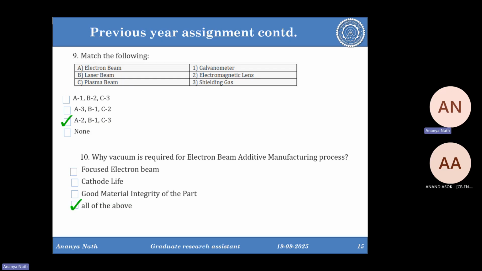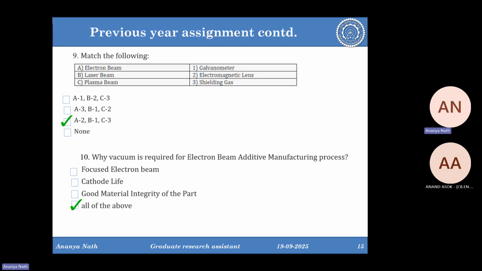And air is having what? Nitrogen, oxygen, carbon dioxide. These are much heavier than electron. Electron is the lightest thing. So the electron will get deviated from its path and will not be able to focus at a particular position. So that's why we need the vacuum.